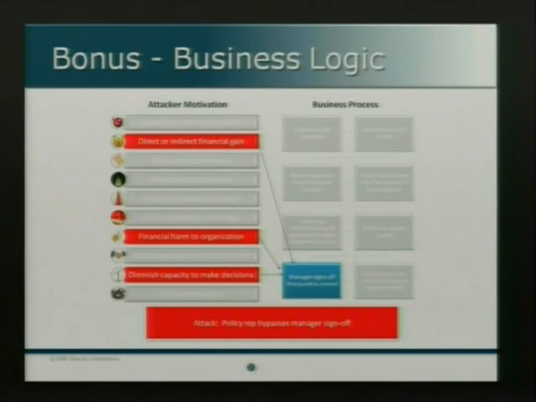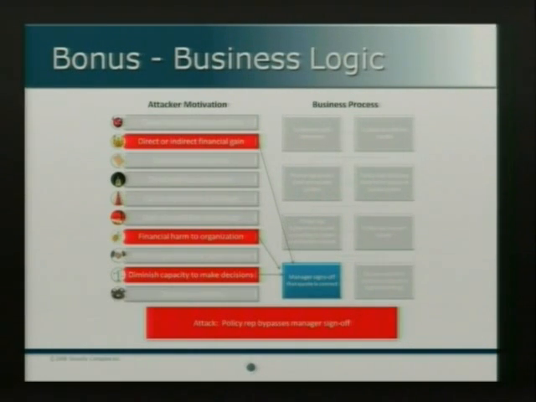Well, suppose I want to make money by getting a lower quote, or more likely, I want to cause harm to the organization. I want them to suffer dollar losses, right? Or I want to diminish their capacity to make decisions. I want to give them bad data so that in the future, they're not making the right decisions because they're a competitor of mine. Well, what I can do is policy rep bypasses manager sign-off, right?